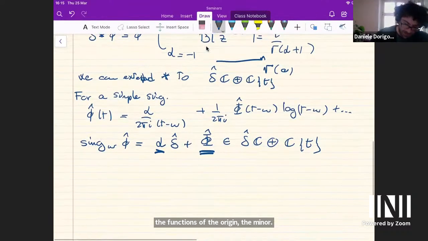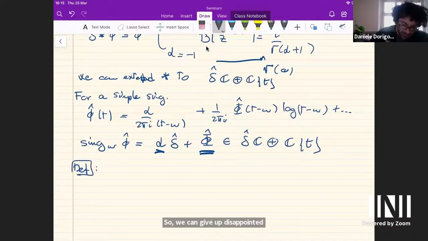So we can give at this point a definition of what a simple resurgent function is.